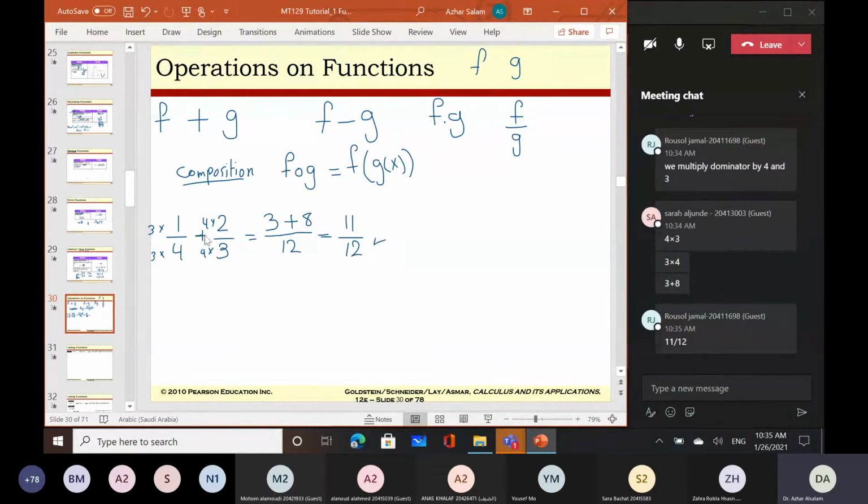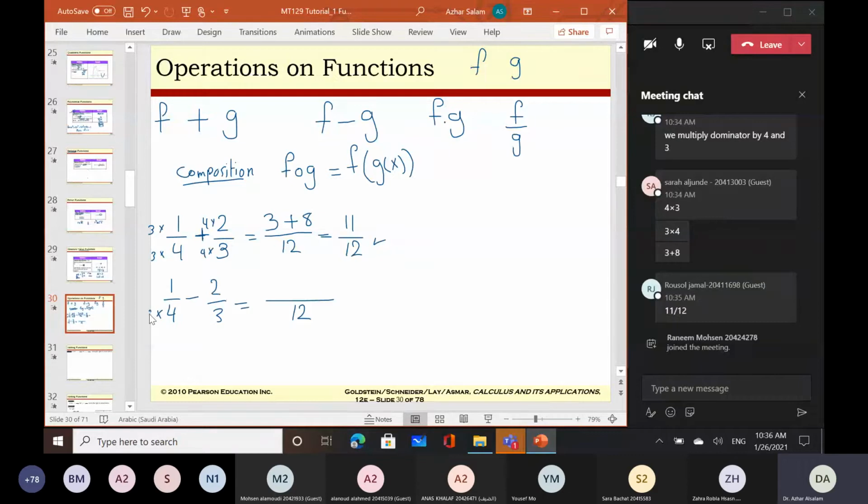Okay, this is how I add two rational numbers. I have to unify the denominators. For subtraction, it will be the same; the only difference is the sign. The common denominator will be the multiplication of 3 and 4, which is 12.